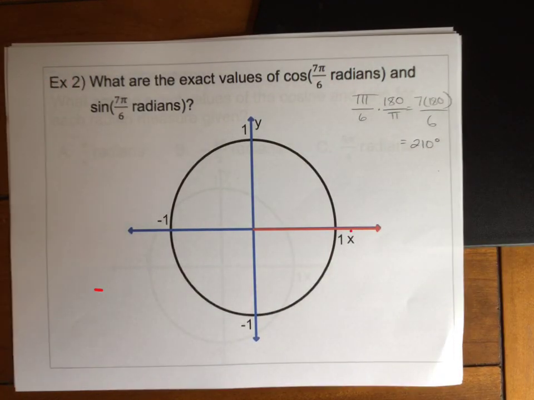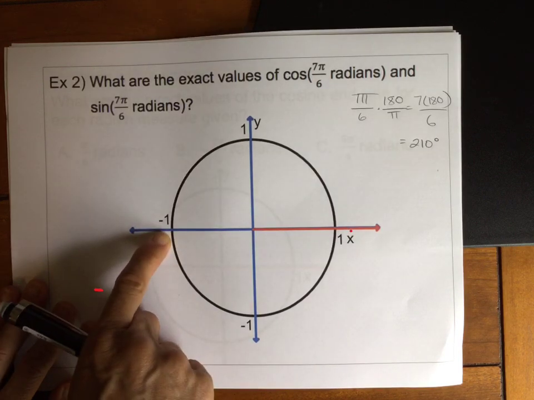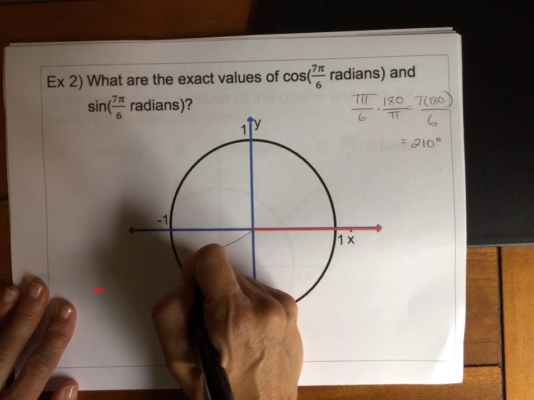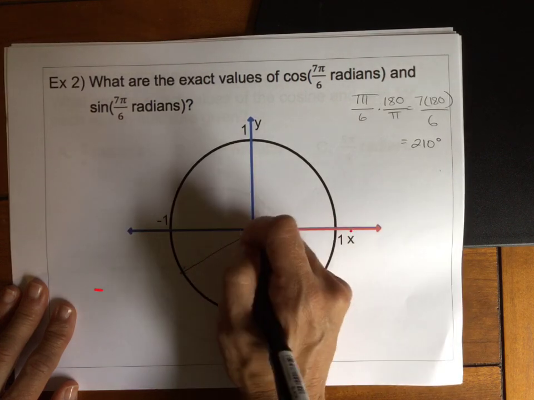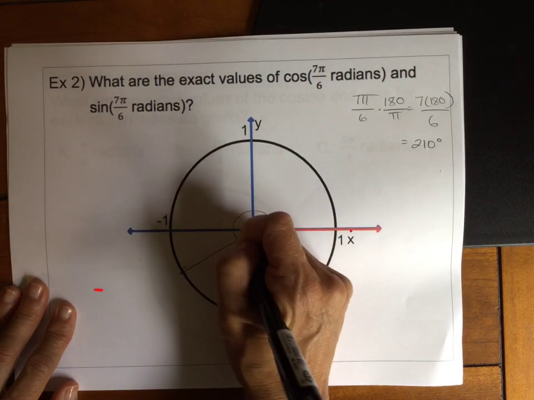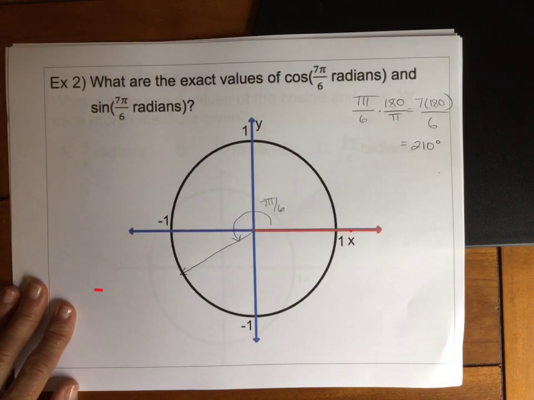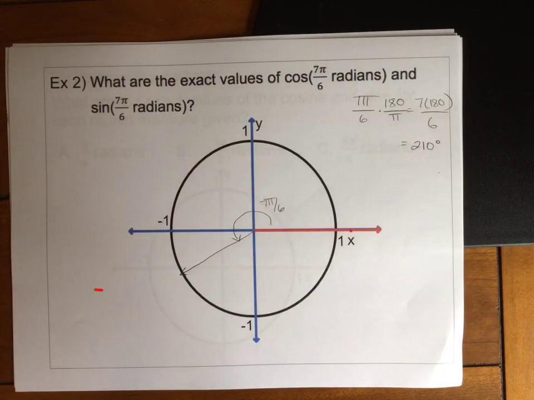All right, so 210 degrees, if this is 180, 210 degrees is 30 degrees past it. So we're out here, and this angle here is 7 pi over 6. This is where we want to talk reference angles. So the first example we did like this was easy. My angle was 45 degrees. That was also your reference angle.